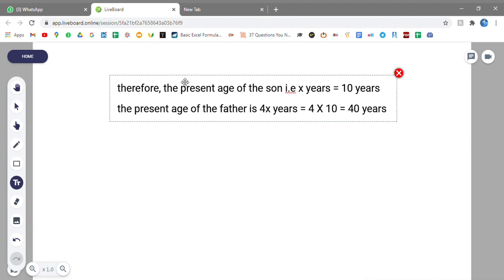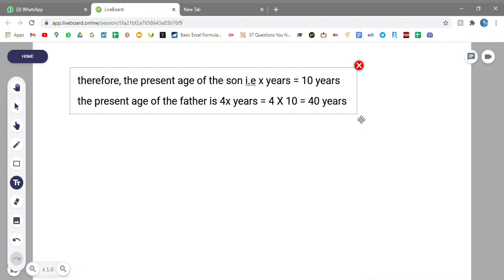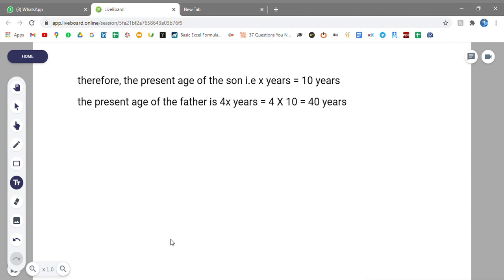Okay, so this is the age of the father as well as the son currently. So this is what they have asked us in the question. Fine.